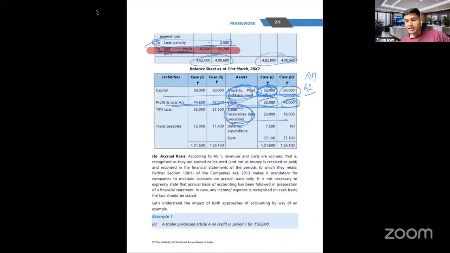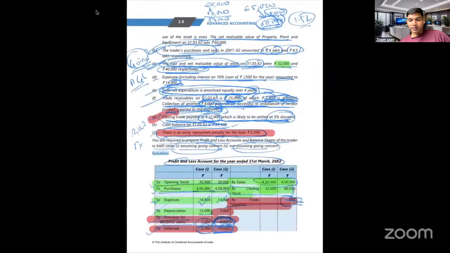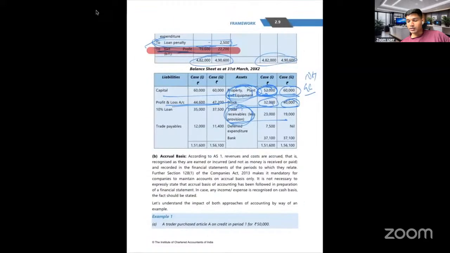So if I take trade receivable, how much was it? 25,000. Out of that, 2,000 for going concern, so 23,000. And when we're not having going concern, we have to subtract 6,000, so 19,000. Okay, this is right.